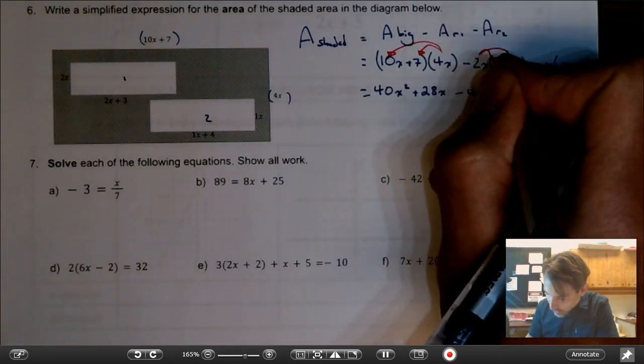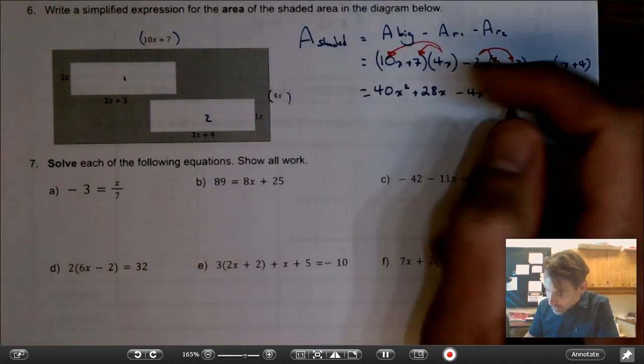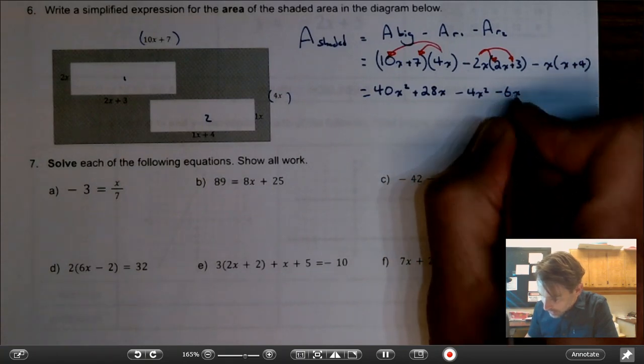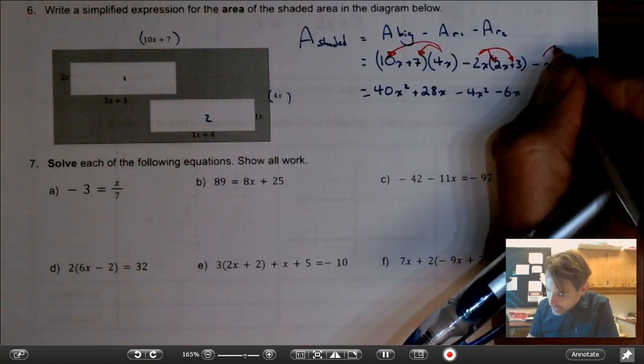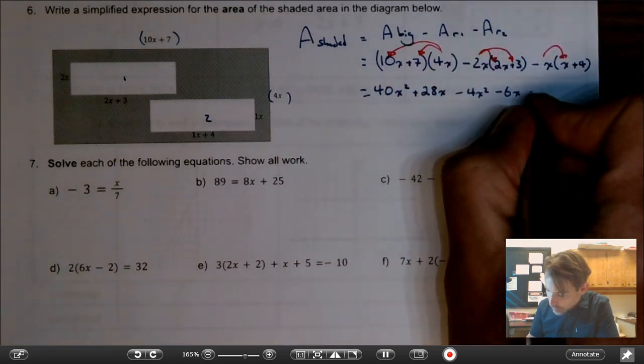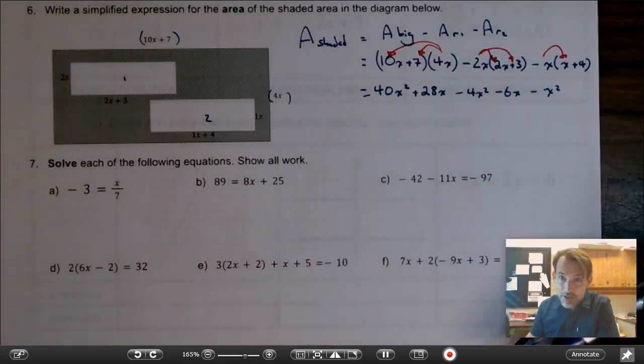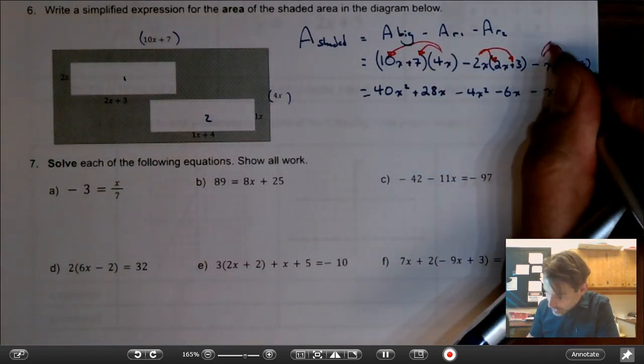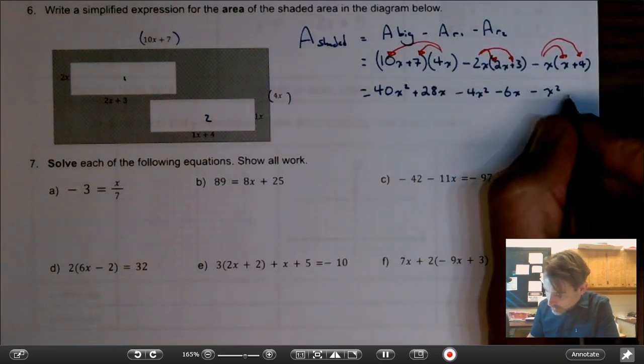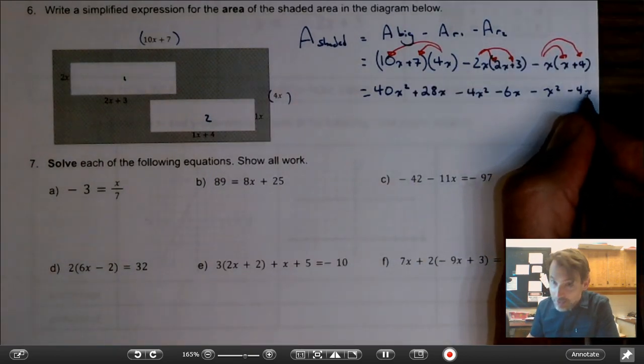And minus 2x times plus 3 is minus 6x. And then we have minus x times x is minus x squared. And minus x plus 4, minus 4x.